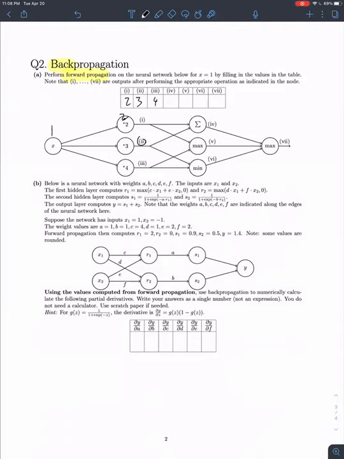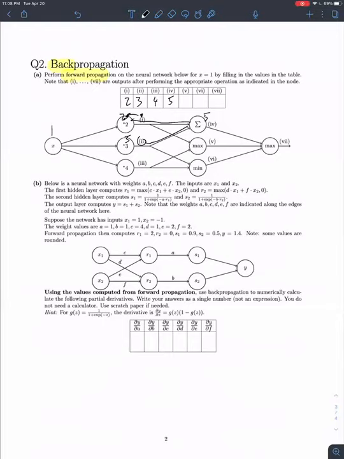Now in part 4, you're taking the sum of this node, which has the value 2, and this node, which has the value 3. So 2 plus 3 is 5, and that's my answer for part 4.